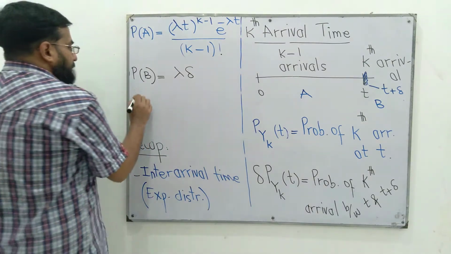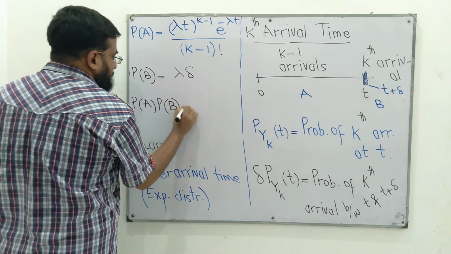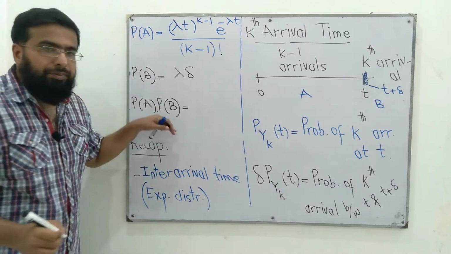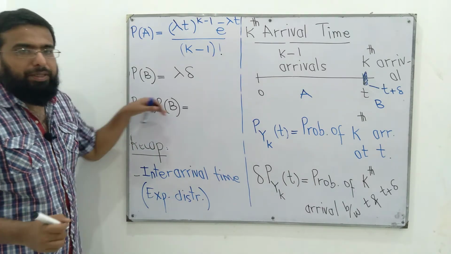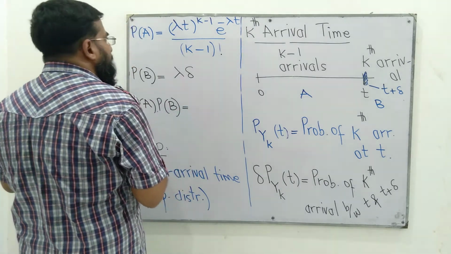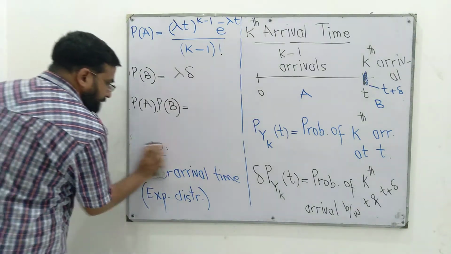So the total probability, the joint probability of the two events, we have written as a product of the probabilities of the two events, because they are independent. So we can multiply them together in the second line.